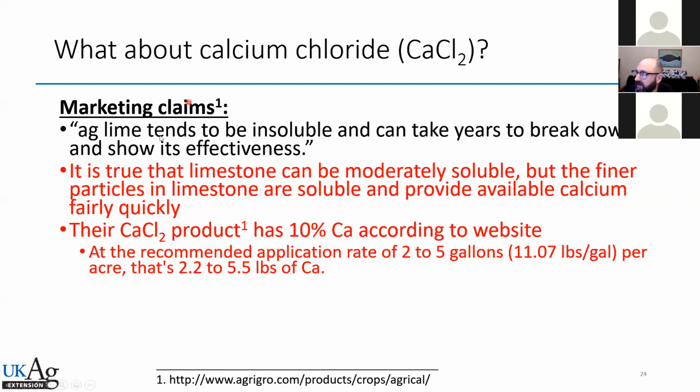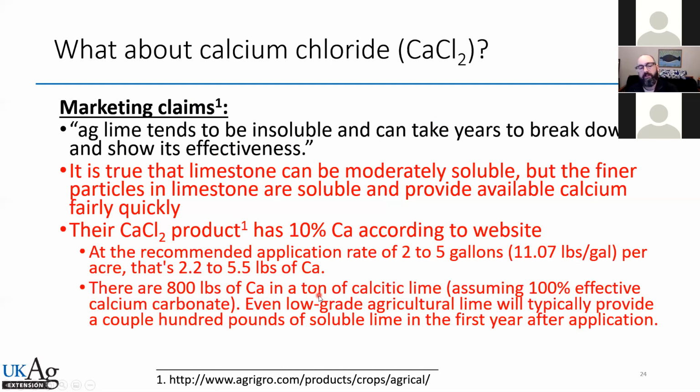So they're saying that the ag lime doesn't provide the calcium quick enough to the crop. There are 800 pounds of calcium in a ton of calcitic lime, assuming it's 100% effective calcium carbonate. So even a very low-grade agricultural lime, let's say 50%, will typically provide a couple 100 pounds of soluble lime.